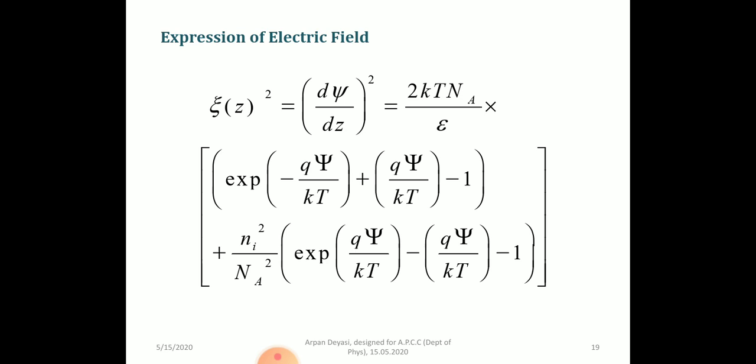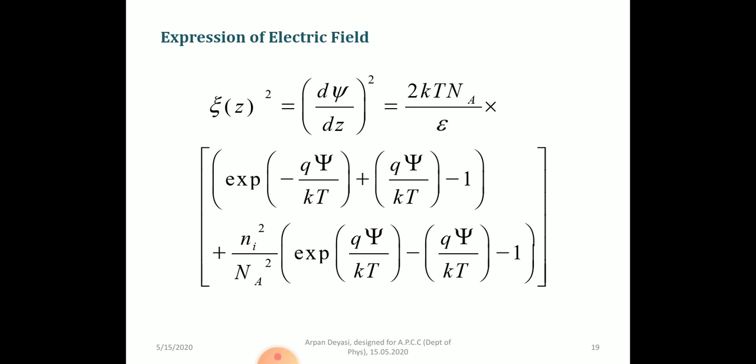So this will be your expression of the electric field, where you will find two terms in the bracket: exponential minus q psi by kt plus q psi by kt minus 1, and ni square by n square exponential q psi by kt minus q psi by kt minus 1. These are the terms you have to deal with later on, multiplied by some constant, which is nothing but the square of the electric field.